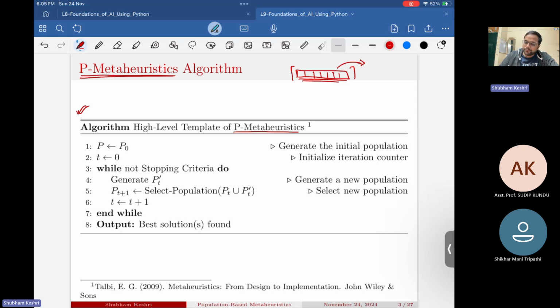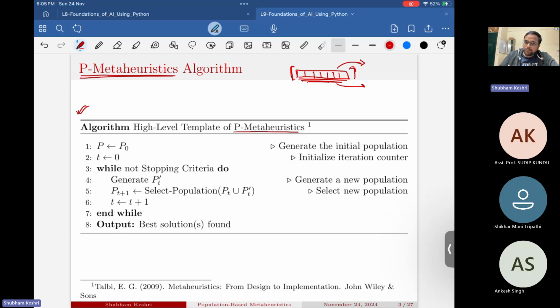We try to move to a neighbor where the objective function is better. If it is a minimization problem, it is lower, and if it is a maximization problem, it is higher. So we try to move to a better neighbor, and you see we are always focusing on that single solution. We are always stuck with that solution, and we try to improve it.